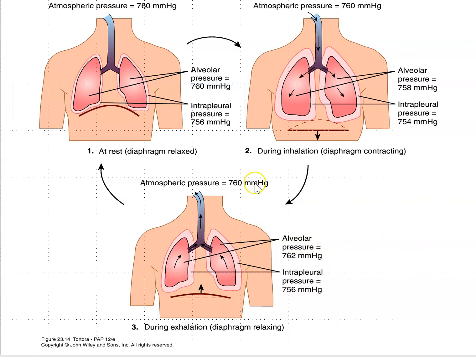The atmospheric pressure is 760. So when the lung muscles relax during exhalation, there's lesser volume in the lungs, which forces the pressure to increase in the alveolus and in the intrapleural cavity.